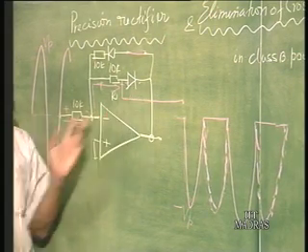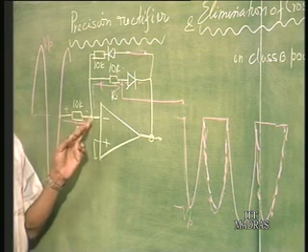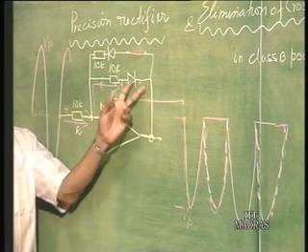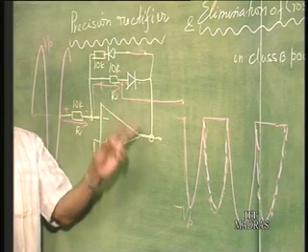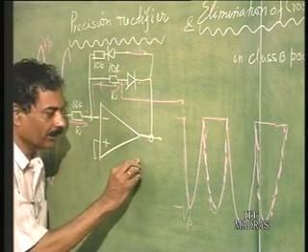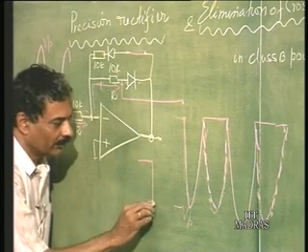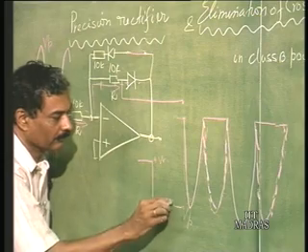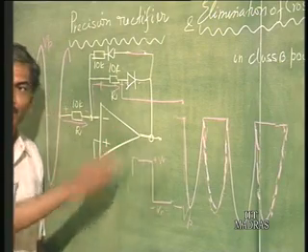As soon as this goes positive, this will try to go to negative saturation. So, the diode conducts as soon as this voltage goes to minus V gamma. So, this voltage actually jumps from plus V gamma to minus V gamma. You will see this waveform also.